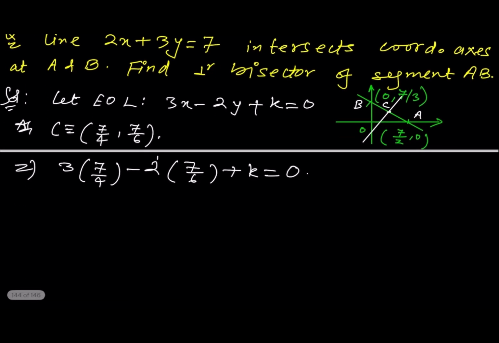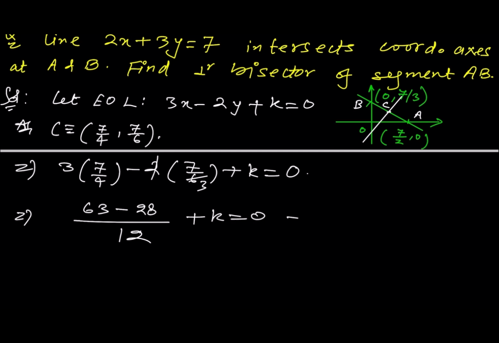Okay, so 2 3 is 6, same is 12, so this is 63 minus 28 plus k is equal to 0, so k is equal to minus 35 by 12.